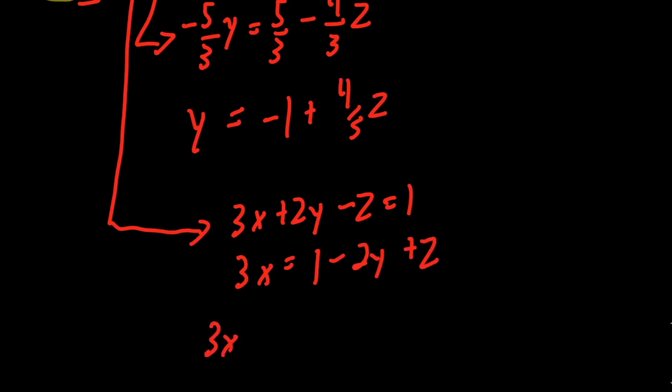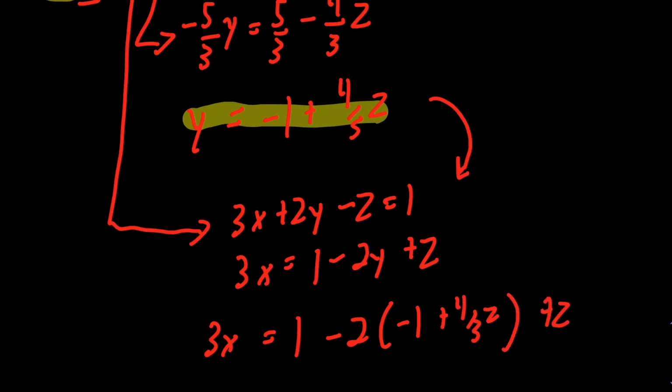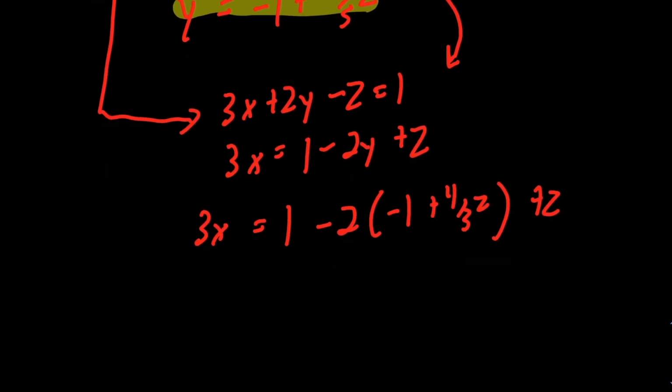Now, we've already deduced the identity of y, so we're going to grab what we got y as, and we're going to move it into the first equation via substitution. So we have 1 minus 2 times negative 1 plus 4/5 times z plus z. And then we are going to solve accordingly.